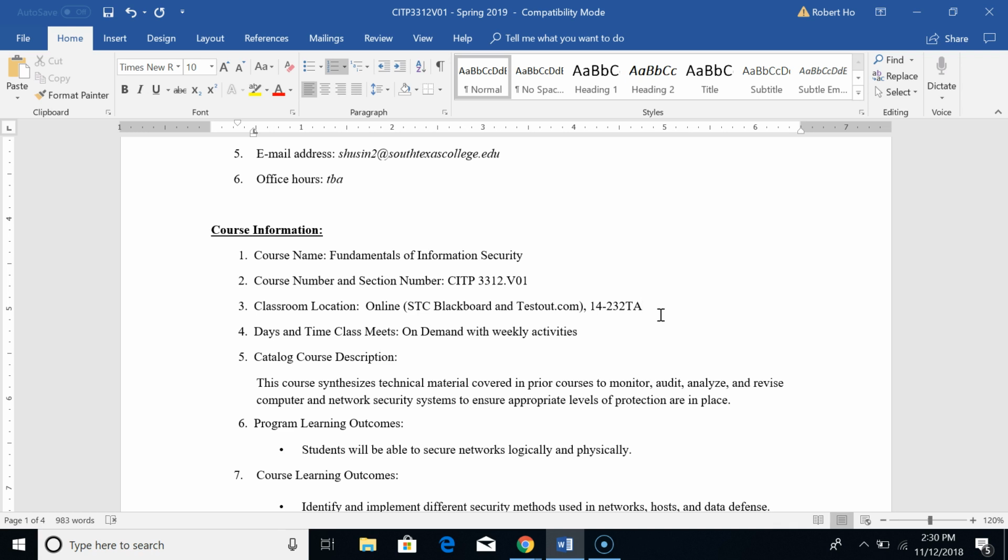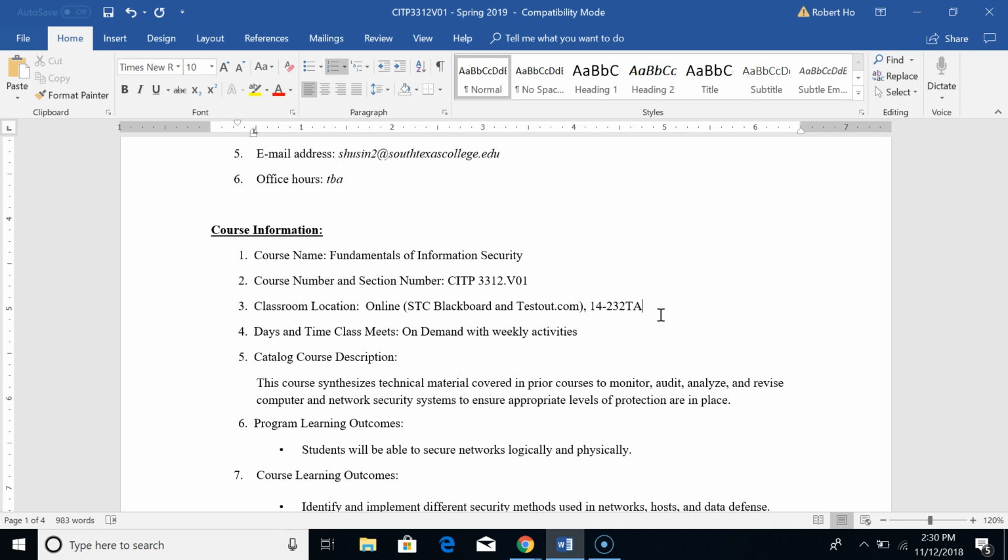On average, generally speaking, they need to spend about 5 to 8 hours per week in order to be successful and learn the material well. I would like to inform you ahead of time so students will understand the expectation of this class and the amount of time and commitment that they need to put into this class.